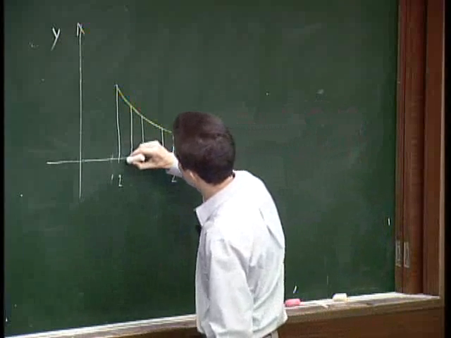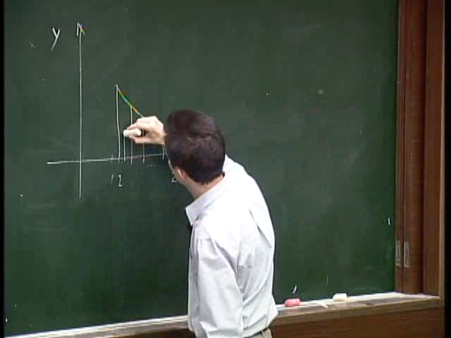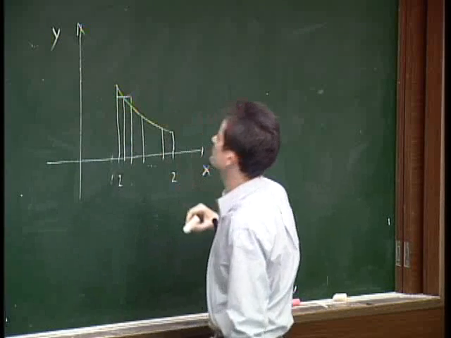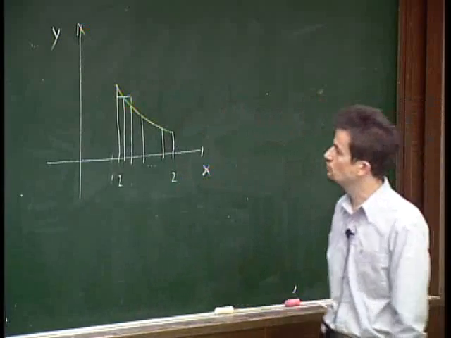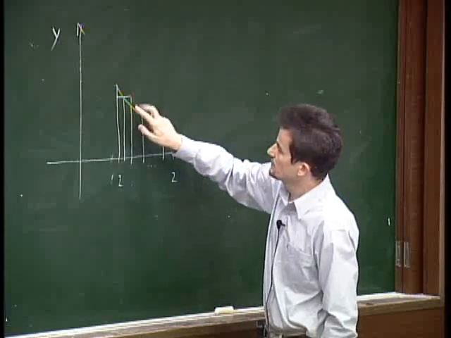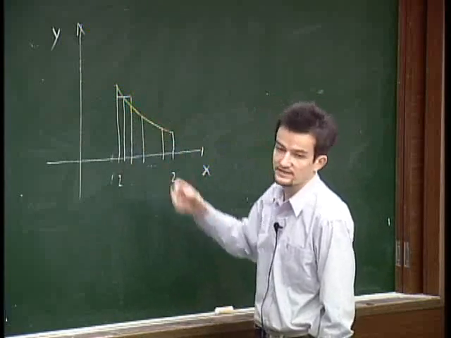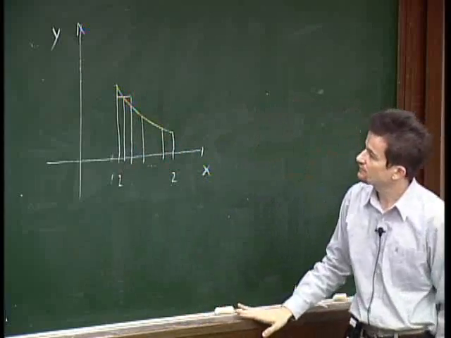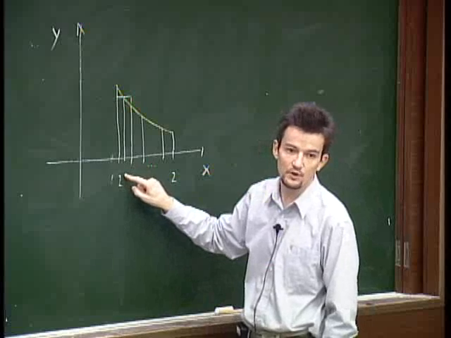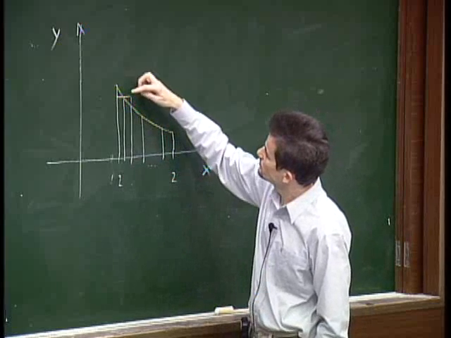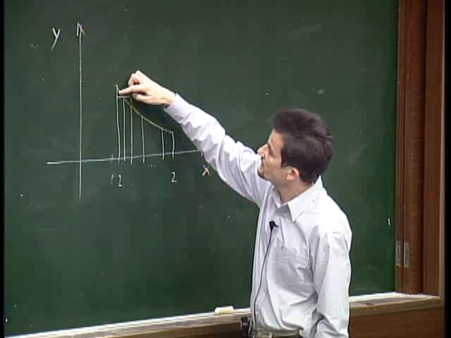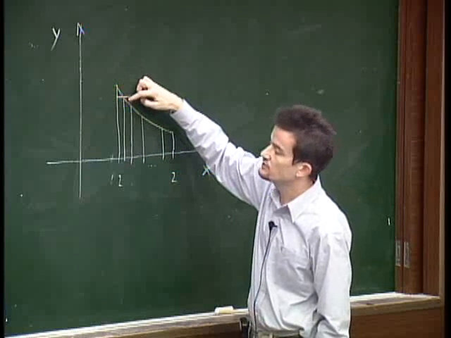If you choose the sample point to be the midpoint, you see that this here is the rectangle. You approximate the area on this interval below this function by the area of this rectangle. And you see that if the function is decreasing, it seems best to choose the sample point to be the midpoint, because if you look at this part here, you underestimate the area, and here you overestimate the area.